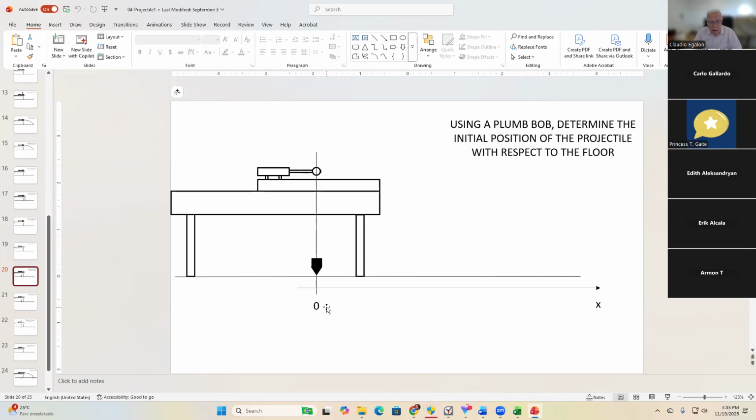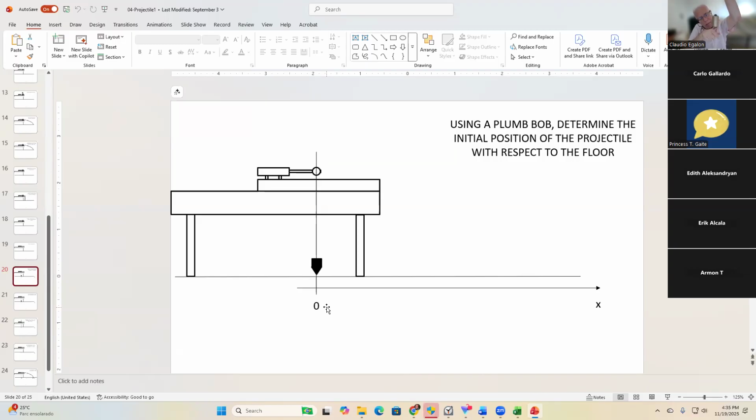Let me show you a plumb bob. I have one here in case you have never seen one. Here's my plumb bob. It's a very simple device. Some plumb bobs have a tip, just like the one you see in the illustration.